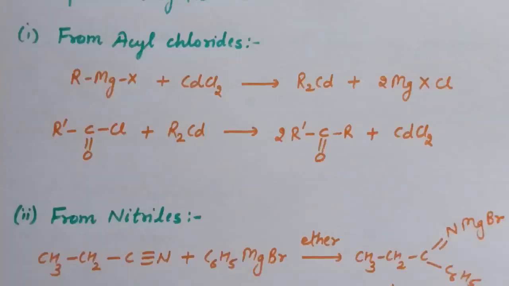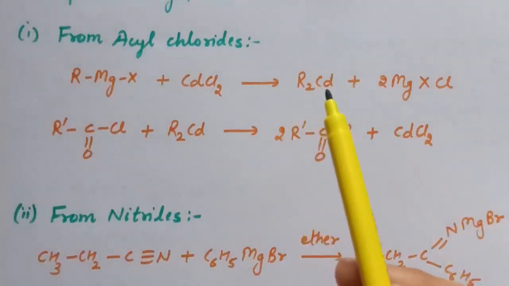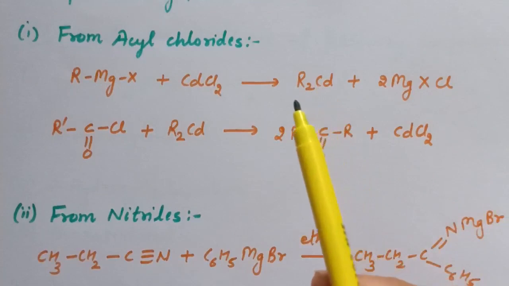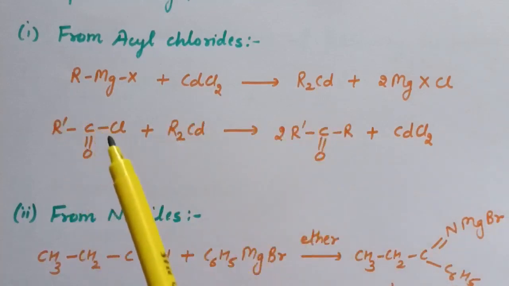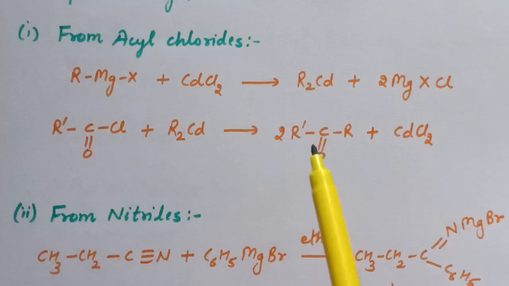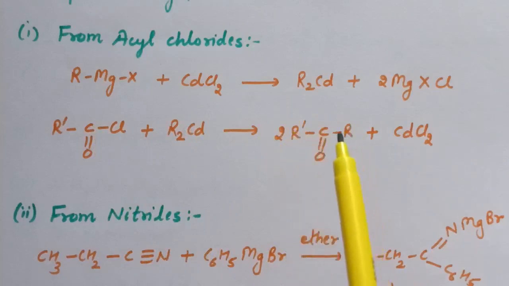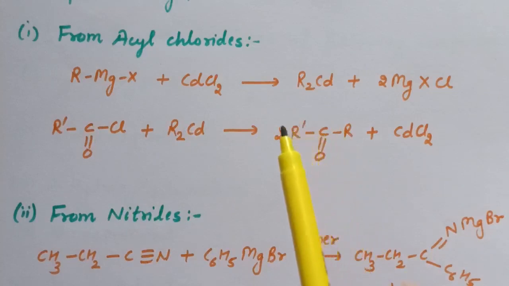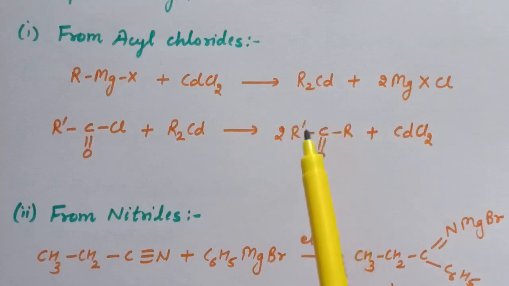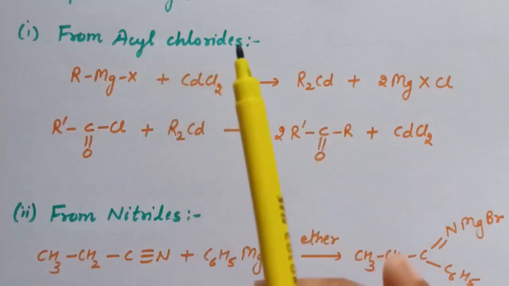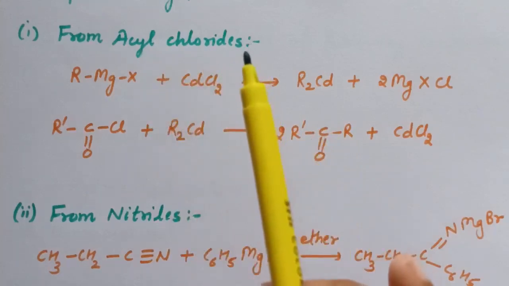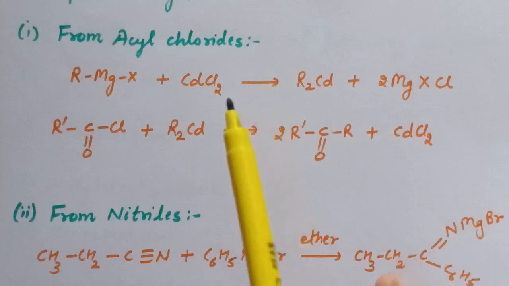Here dialkyl cadmium is formed, and the reaction of dialkyl cadmium with acyl chloride results in the formation of ketone, that is R-C=O-R. This is the formula for ketone. Two alkyl or aryl groups are attached to this carbonyl group. So from acyl chloride, this is the first preparation by which we can prepare ketones.